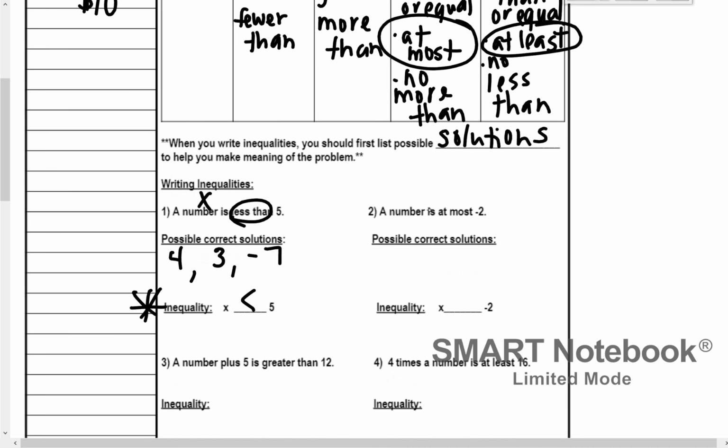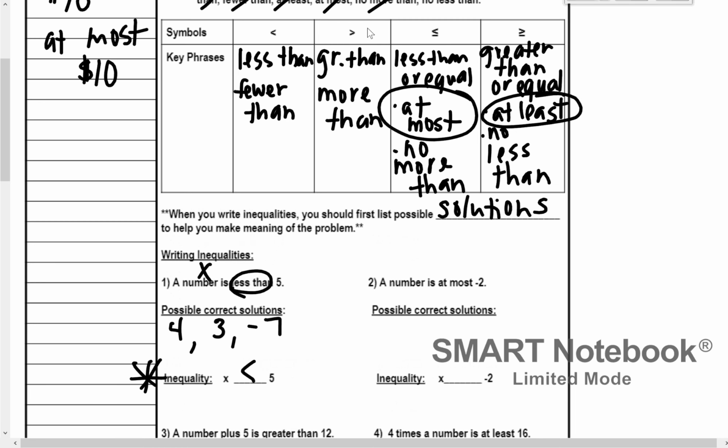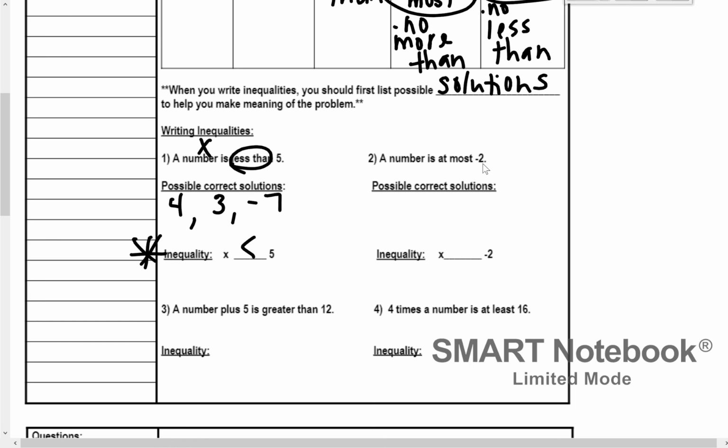A number is at most -2, meaning that if the most it could be is -2, it's got to be less than that, right? At most is a symbol up here. So if it's at most -2, it could be -1. Nope, it cannot. That's actually more. It could be -3. That's what I meant to say. It could be -100. I know you guys were throwing out some crazy numbers the other day.